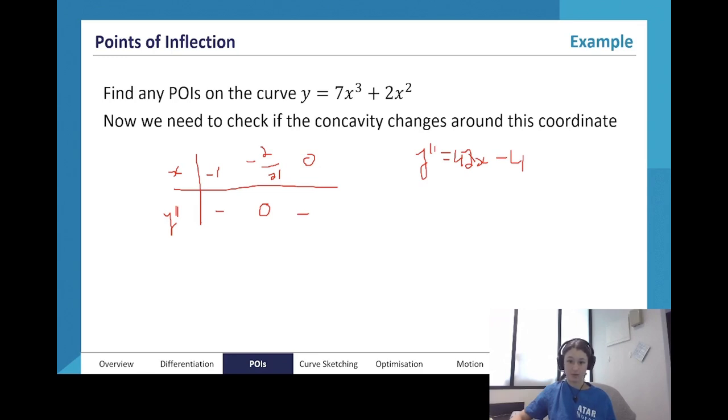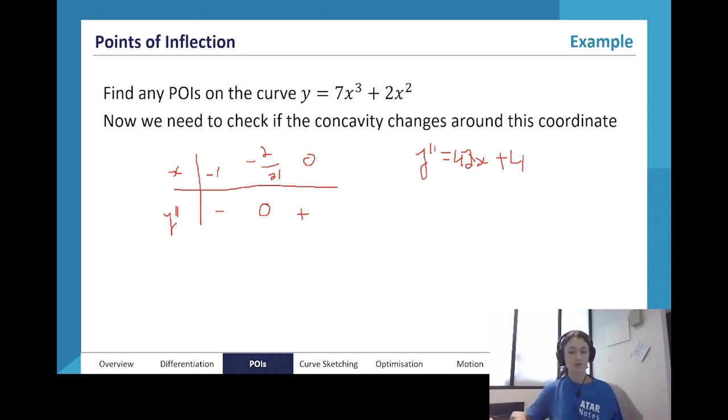Okay, I just realized that I made a small mistake: I copied this second derivative over wrong. This should be plus 4, which gives us a positive second derivative here.